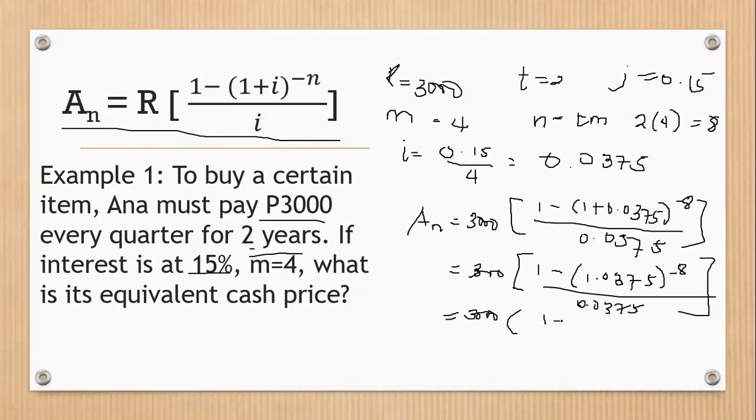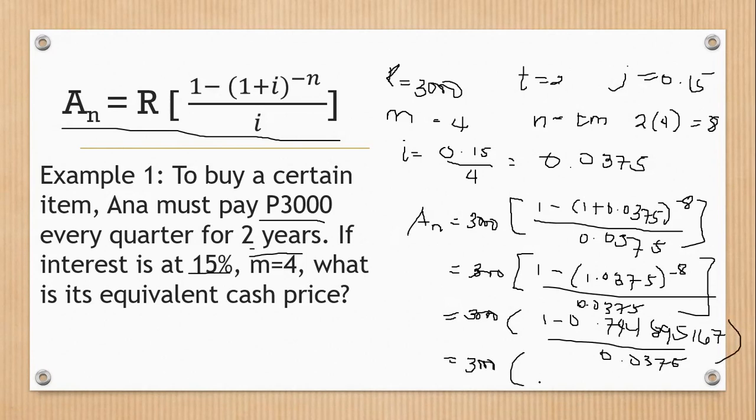So we have 1.0375 raised to negative 8. We can get 0.744895167. Then 3,000 times 1 minus 0.744895167, divided by 0.0375.